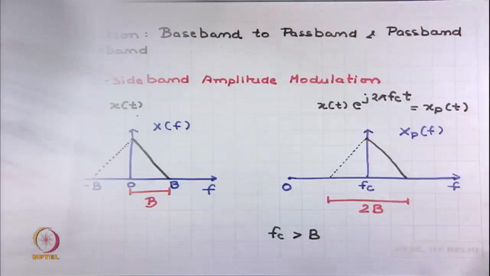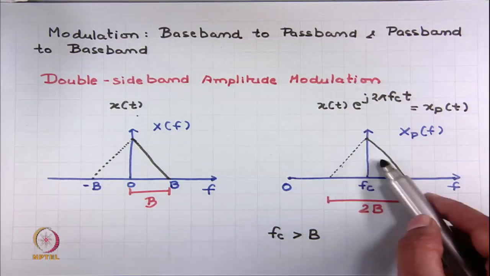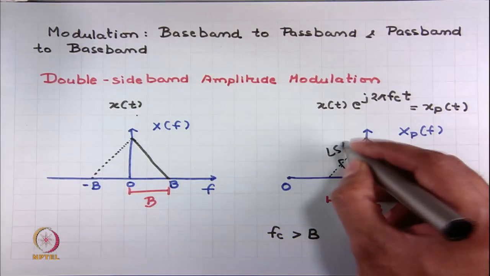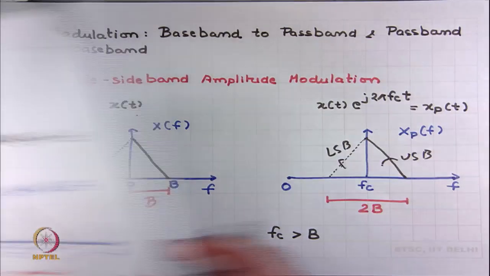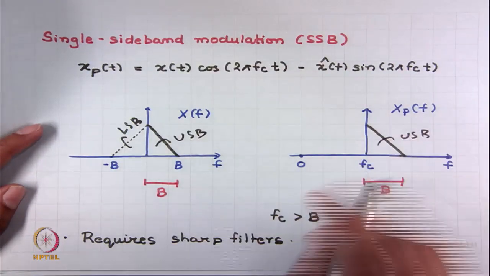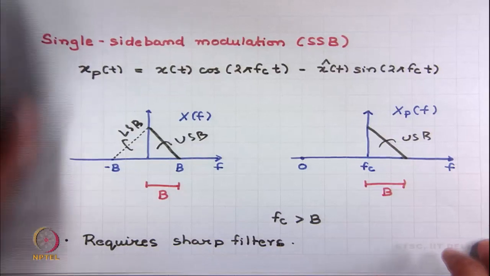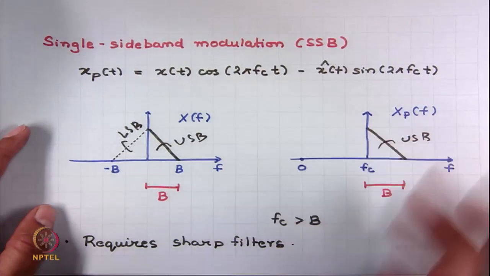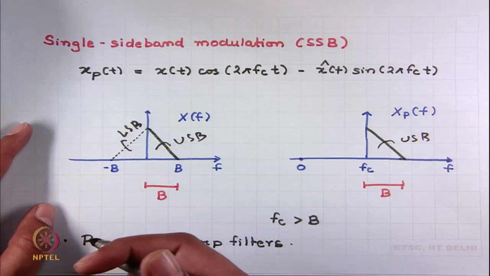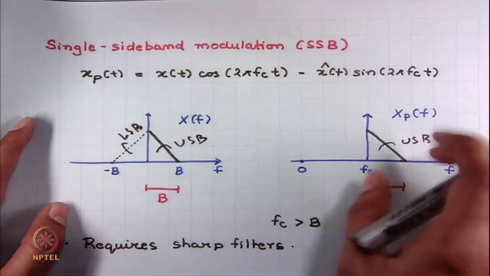Remember, in DSB, double sideband, we have both sidebands present, upper sideband and lower sideband. In SSB we only have either upper or lower. In this picture we are just showing the upper sideband, but it might happen that you only have the lower sideband, and that is the name single sideband modulation scheme.